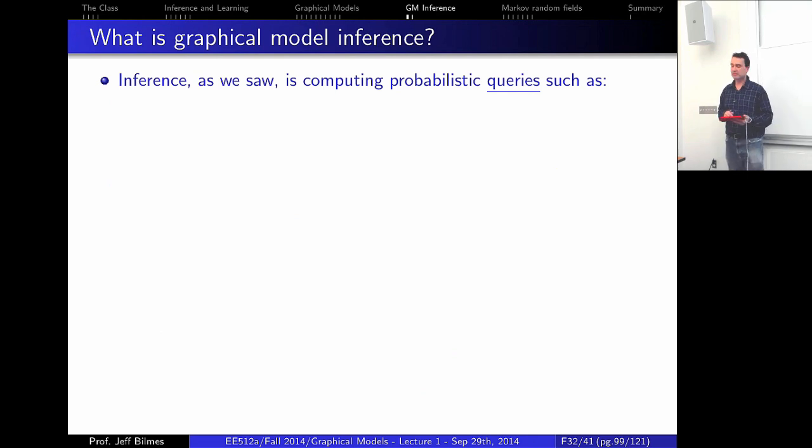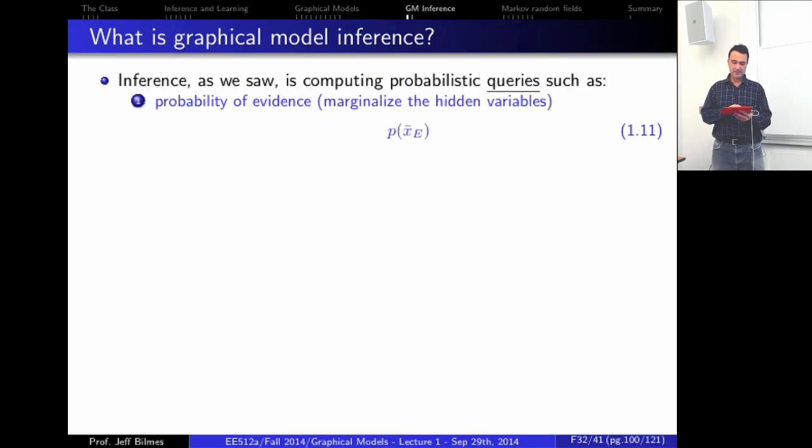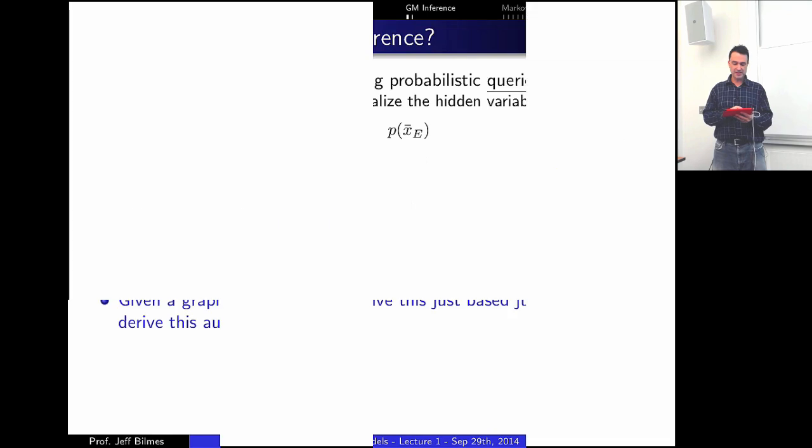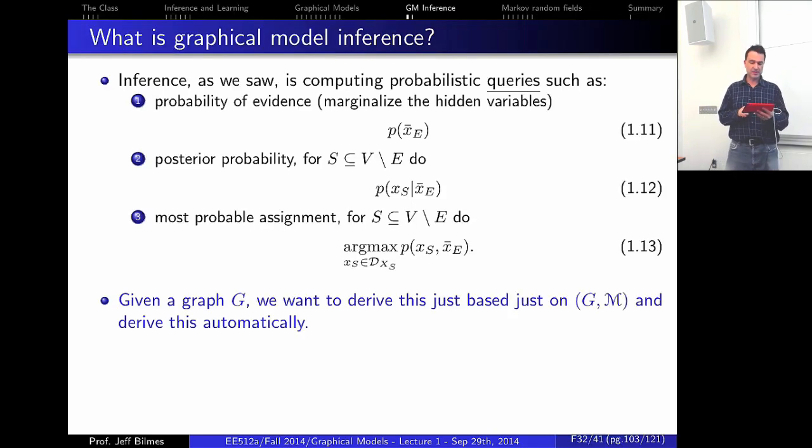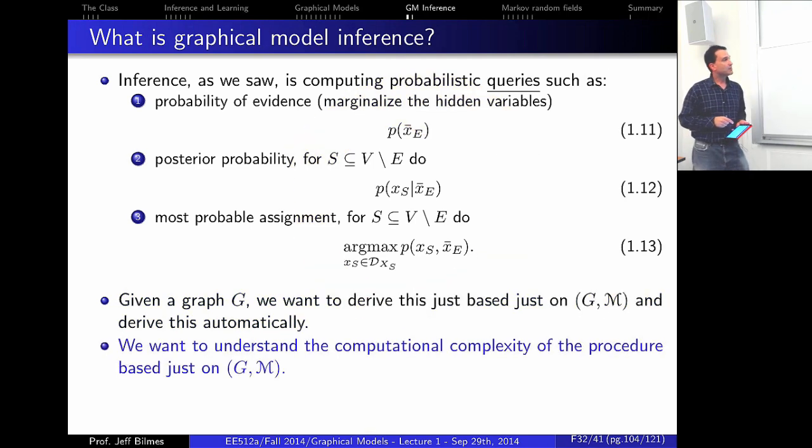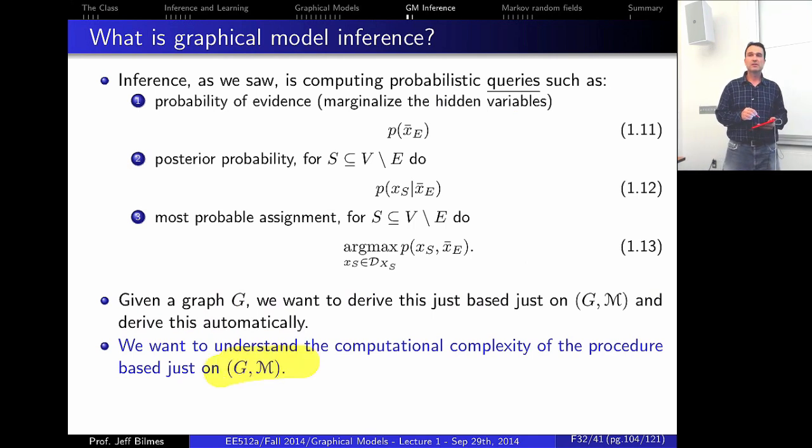So what is then graphical model inference? Well, we already saw these examples before. What graphical model inference does is, based on just the graph and its Markov properties, deduce a strategy for computing any of these kinds of quantities. Okay. And we are interested in doing this, and oftentimes what we can do is understand the computational complexity of computing these quantities purely based on looking only at the graph and the Markov properties.